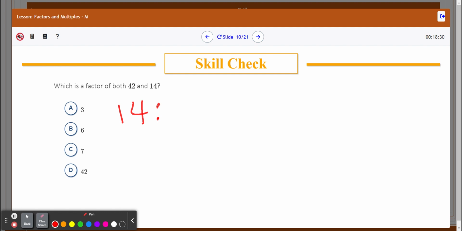So let's start with 14. What are the factors of 14? Well, again, 1 and 14, 1 and itself are factors, all right? And then we got 2 times 7, all right? So looking at these, what is a factor of both 42 and 14? Well, 1, obviously, right? 1 is always a factor of any number.